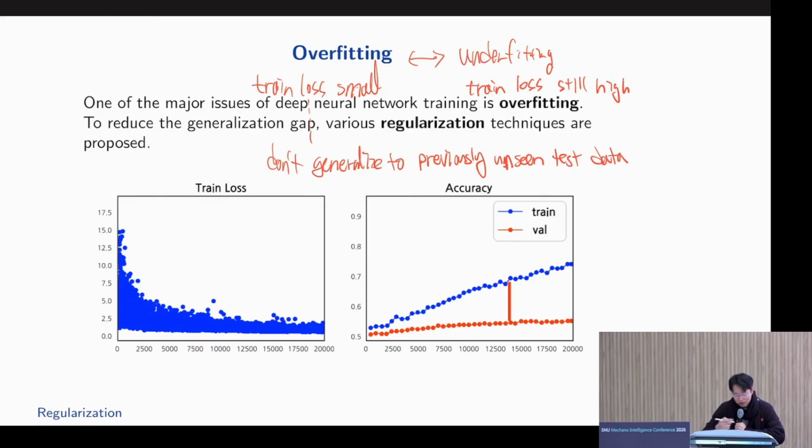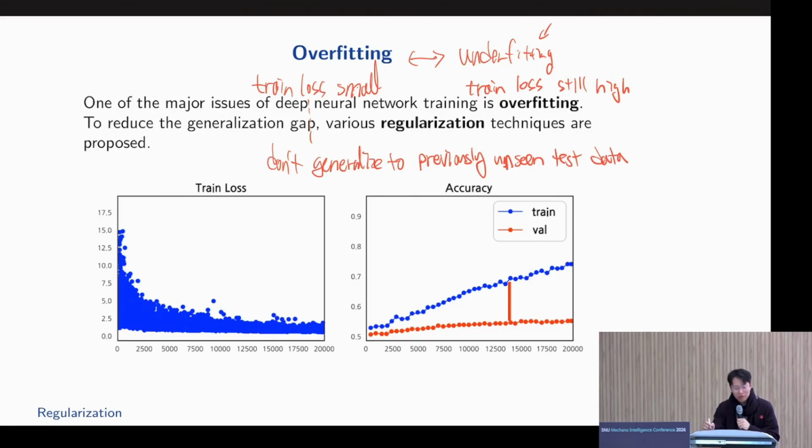To draw the analogy, which is not perfect by the way, underfitting is when you obtain previous year's exam and you don't put in enough effort, so you don't even know how to solve the previous exam, even if it's given to you. I don't know, because you play too much game or drank too much.